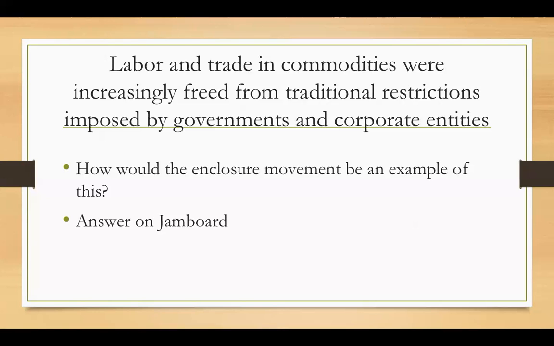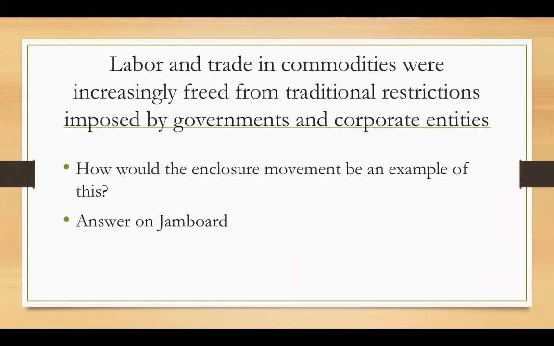Labor and trade in commodities were increasingly freed from traditional restriction imposed by governments and corporate entities. Okay, so we are showing how there is this interesting shift happening during this time of the 16 to 1700s.